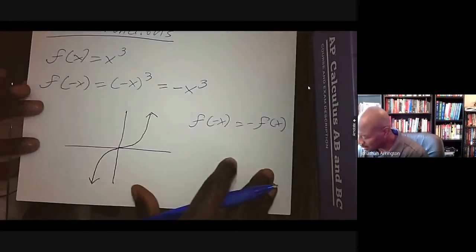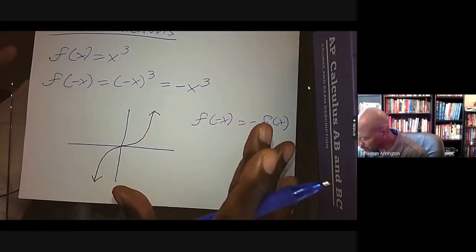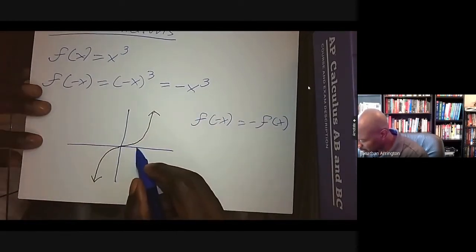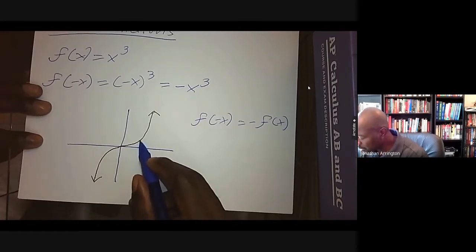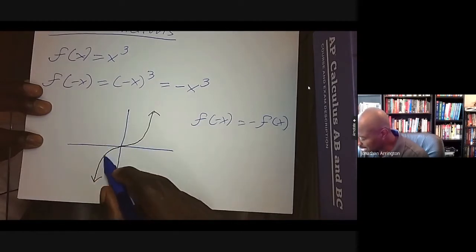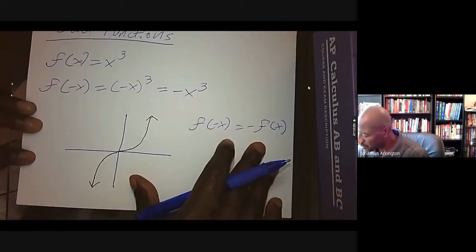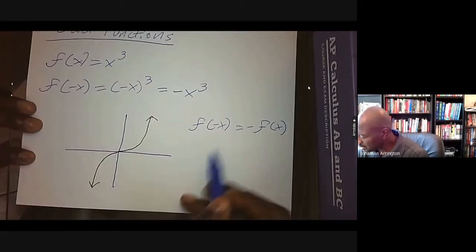What that means is, if, say for instance, I have a value right here, let's say this is the value 1, 1. If I have 1 for x and it gives me 1 for y, then if I plug in negative 1 for x, it should give me negative 1 for y. So that's kind of how the graph goes for odd functions.